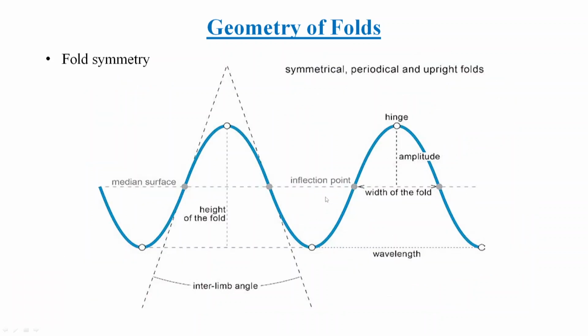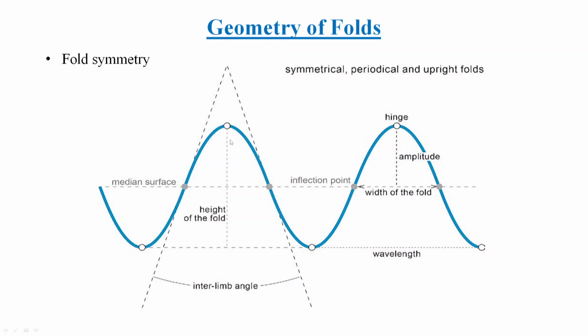Then folds can also be classified based on fold symmetry, that is, how the axial plane, the arbitrary plane that passes through the hinge zone and contains the hinge line or fold axis, defines the symmetry of a fold. If the axial plane symmetrically bisects the two limbs of the fold as mirror images of one another, like this, I can think of a plane going like this, through a fold like this.